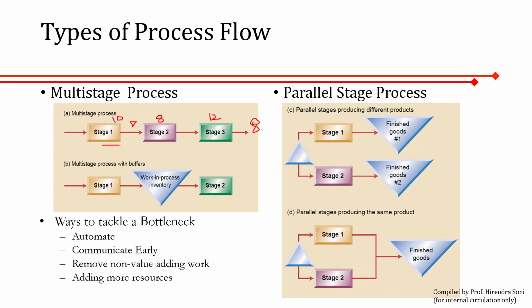So instead of having one stage here, I can add another stage here. Either I can add a same capacity stage or a lesser capacity stage, so that I don't have to make this first stage stop for some time. Okay.